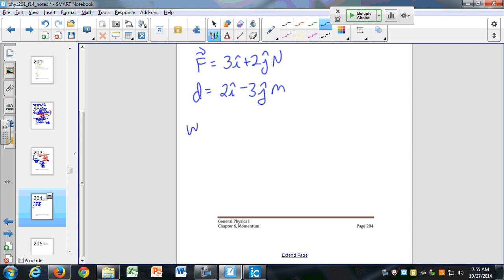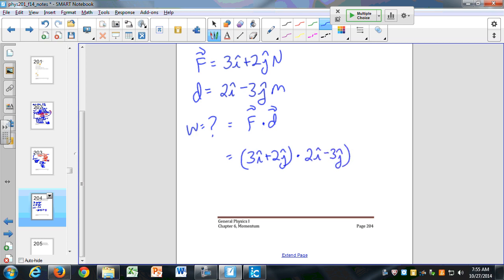Then I want to know what is the work done by these. That's going to be F dot D, which is 3I plus 2J, dotted with 2I minus 3J.